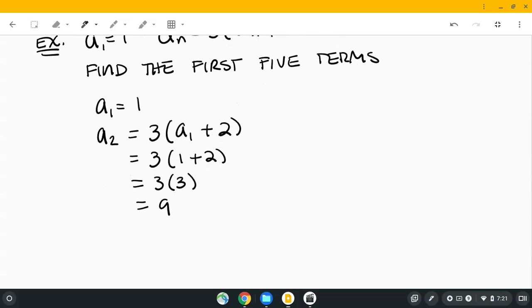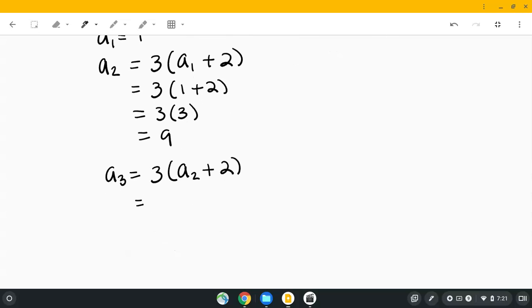If I want to find A3, then I'm going to use the recursive formula. 3 times, again, if this is A3, this will be A2, the one before it. So A2, we already found it. It's right here. It's 9. So I get 33. Okay.